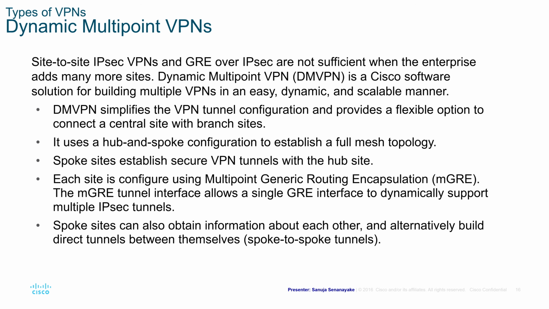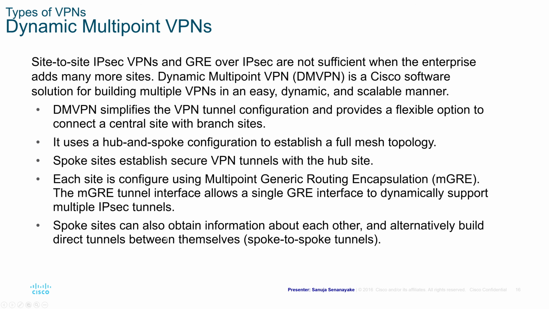Spoke sites establish secure VPN tunnels with the hub site. Each site is configured using multipoint generic routing encapsulation, also known as mGRE, and the mGRE tunnel interface allows a single GRE interface to dynamically support multiple IPsec tunnels.